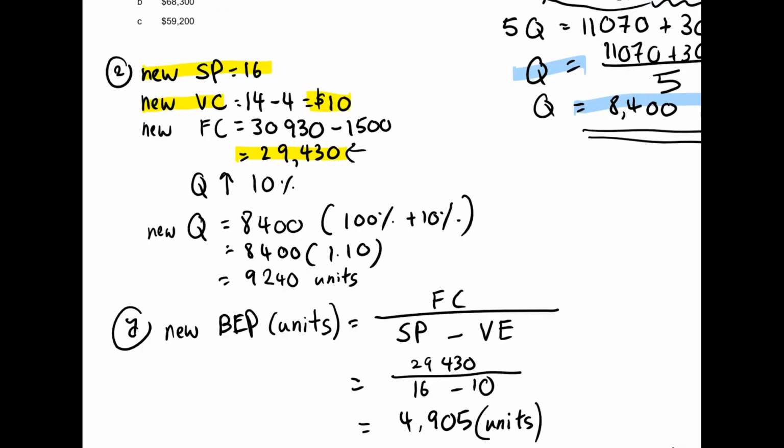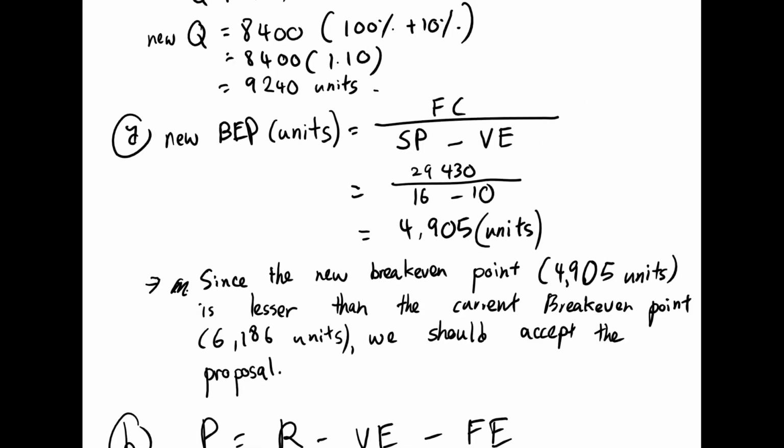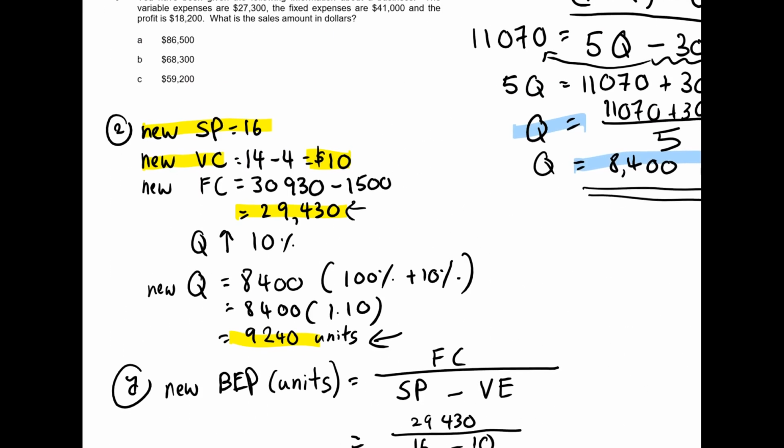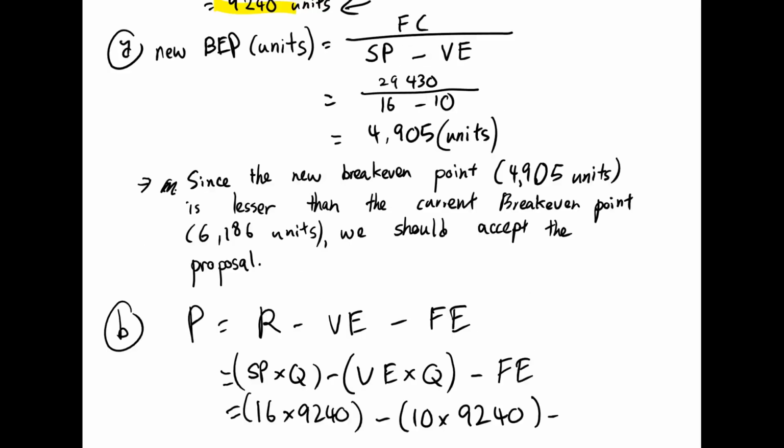Your new selling price is $16. The new quantity that you have is 9240. Your new variable expense is $10 times 9240 as well, minus your fixed expense.